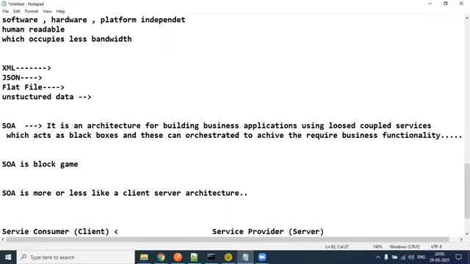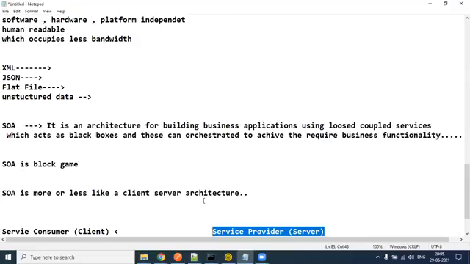It is not necessary that a service provider will always remain a provider. I'll give you examples of this. The service provider itself might also act as a service consumer.